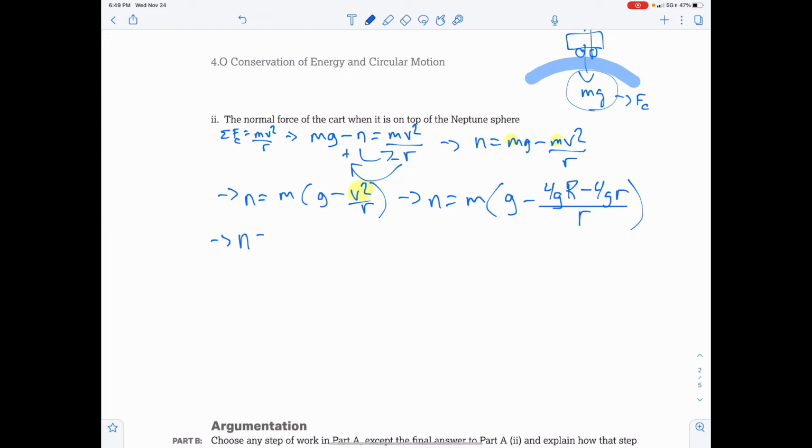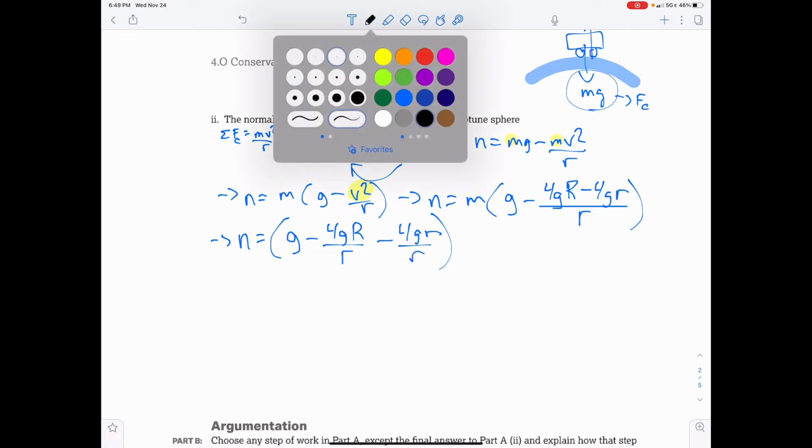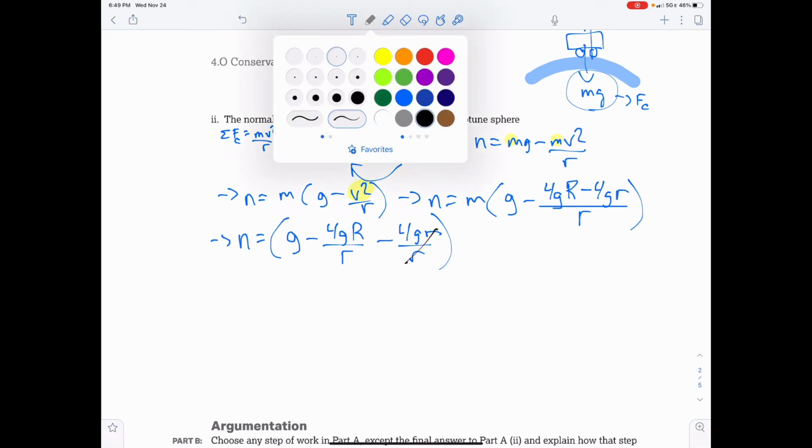So normal force is equal to, we have g minus, and I'm going to split this up into separate fractions. So 4g big R over little r minus 4g little r over little r, which you can see on the bottom here will cancel.